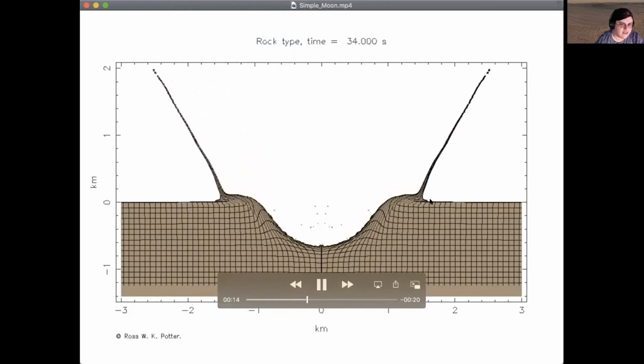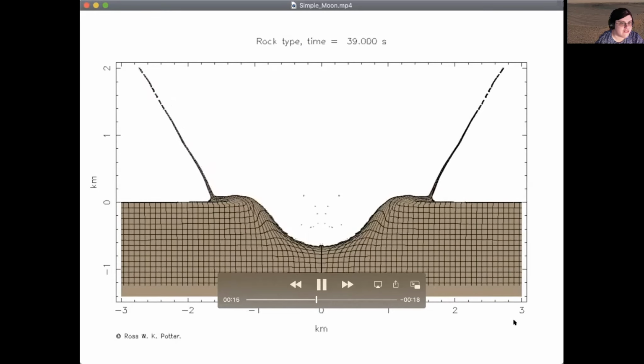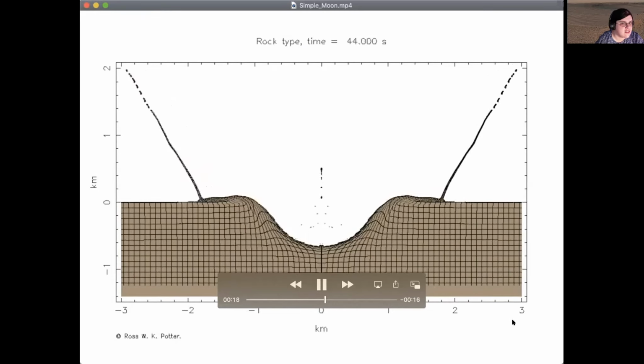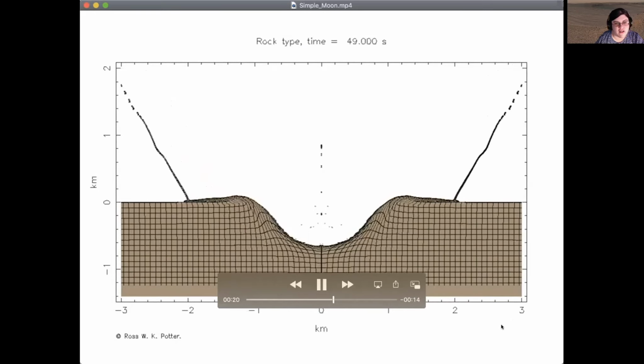And you can see it kind of folding over, making inverted stratigraphy. You can see this is a nice simple crater. We're getting a little bit of slumping, a little bit of that collapse and modification, but for the most part, we ended up with something very nicely bowl-shaped. Also notice the time scale. This is over a few minutes.